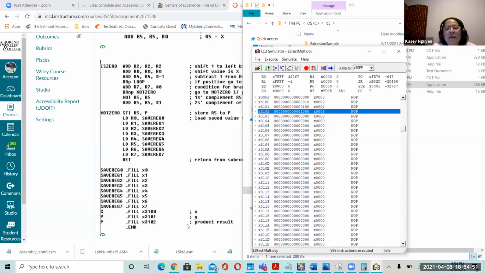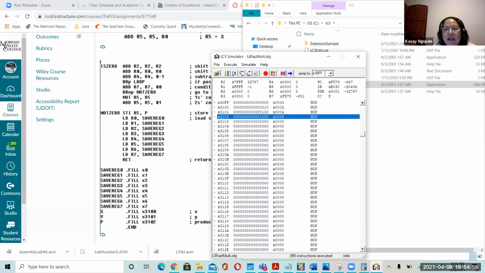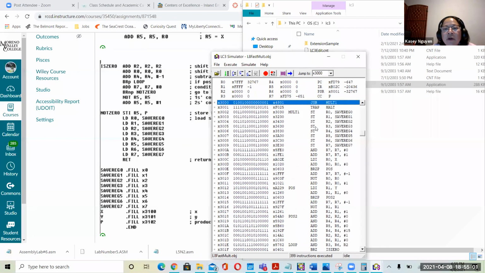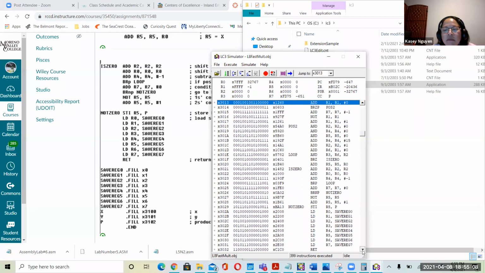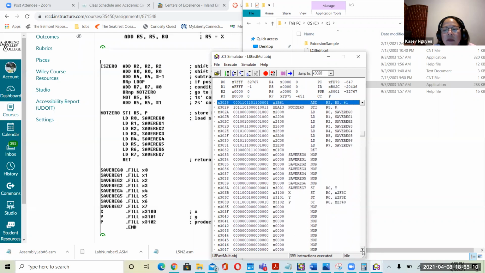Okay. So now if you wanted to jump back and look at your code, you can go back to hex 3000, and that's where your program starts. And then you can take a look at what it's doing there.